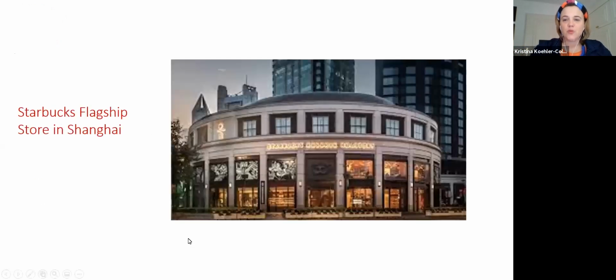All right, I just wanted to show a picture to you because this is the Starbucks flagship store in Shanghai. I call it a store because it is actually a place where they roast the beans. If you have never been there, it is just a beautiful touristic site as well. It used to be the former opera house. The entire building is purely Starbucks and it is gorgeous.